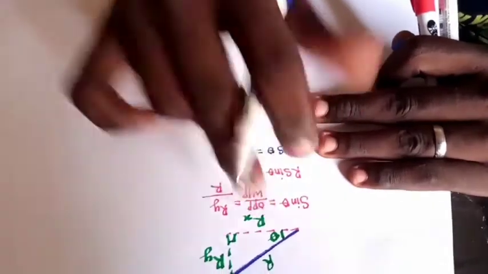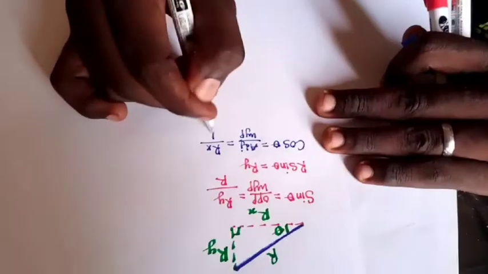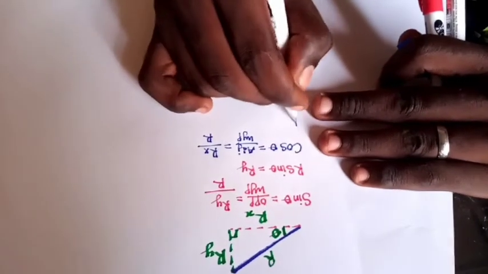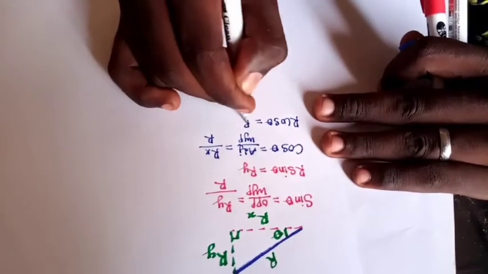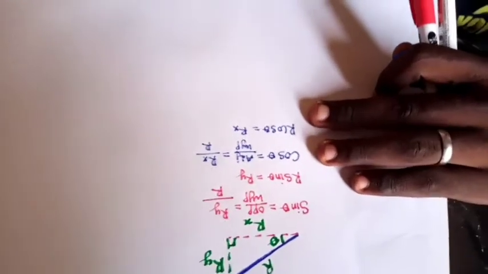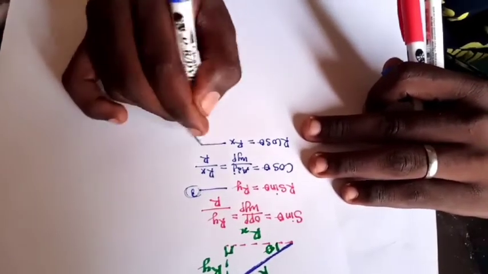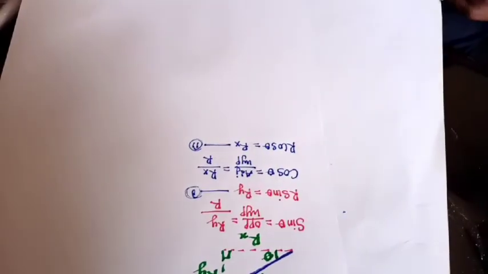And our adjacent is going to be what? Rx. Our hypotenuse is R. So when you cross multiply, I will then have R cos of theta to equal what? R sub x. This value is the value for the vertical component and this value is the value for the horizontal component.